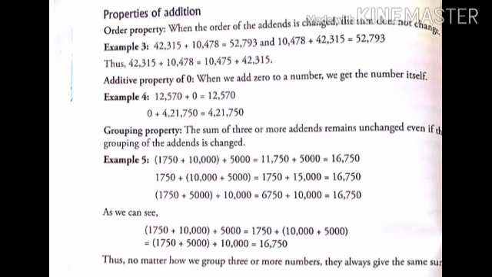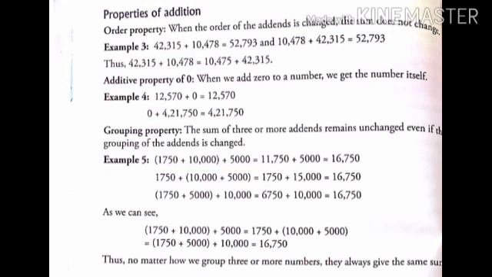Another property is the grouping property. For example, if we want to add 3 numbers, we will add the first 2 numbers and we will get a sum. That sum you have to add with the third number. It will always be equal to adding the first number to the sum of the last 2 numbers. For example, see example 5: 1,750 plus 10,000.